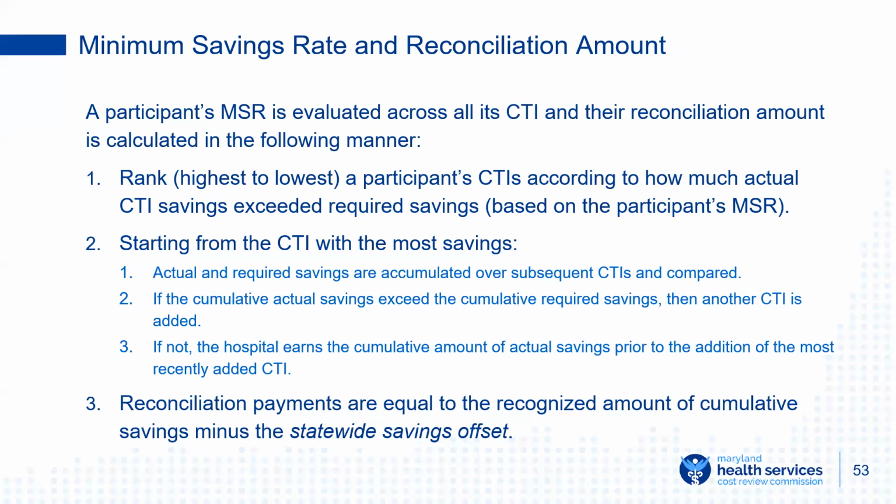And so it is possible in some situations, if you have a very small amount of savings at one hospital, but significant savings at other hospitals, that savings offset could exceed the shared savings of that given participant. And again, that'll display in the CTP along with the final reconciliation values.